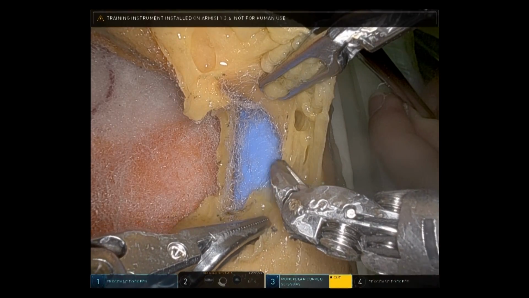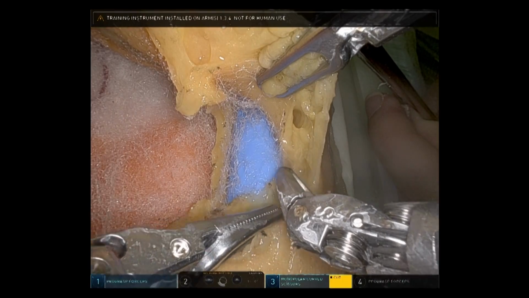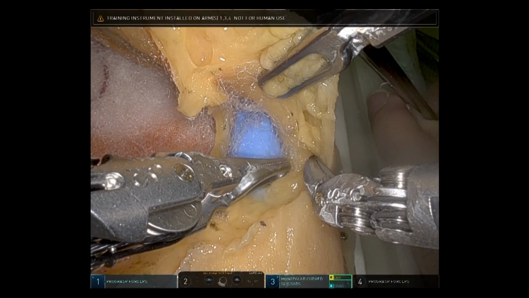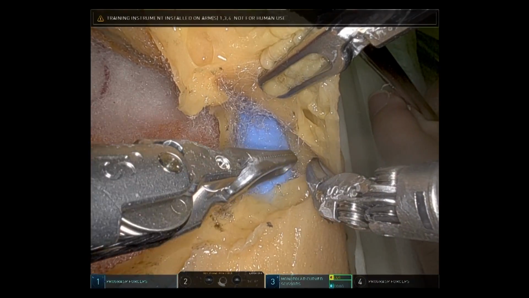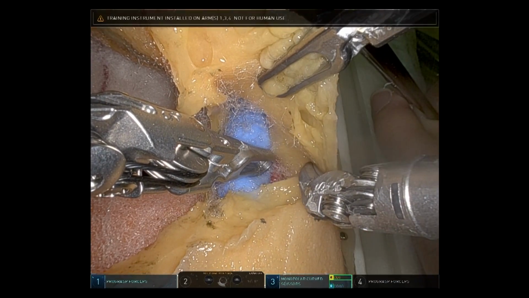In this model, the superior mesenteric artery, SMA, is located just to the right of the SMV. Therefore, the anterior plane of the artery is also exposed during the dissection.